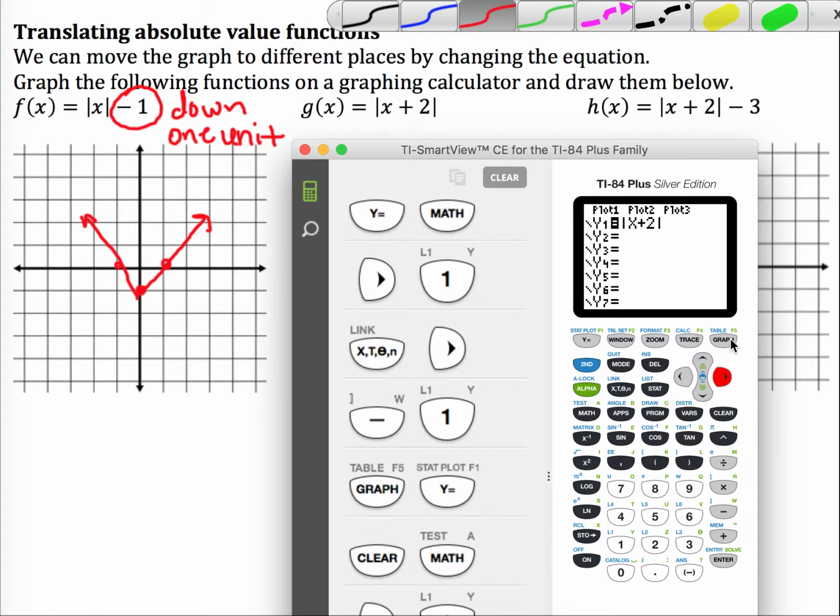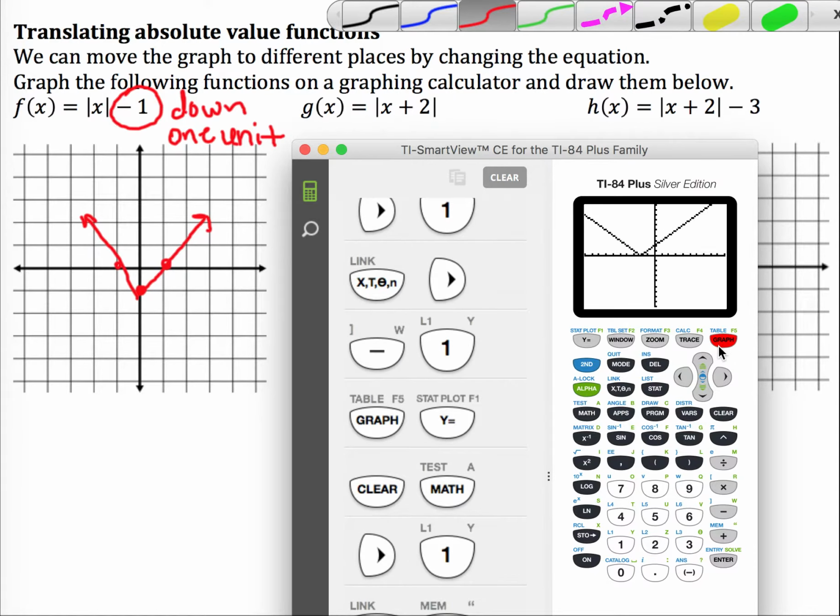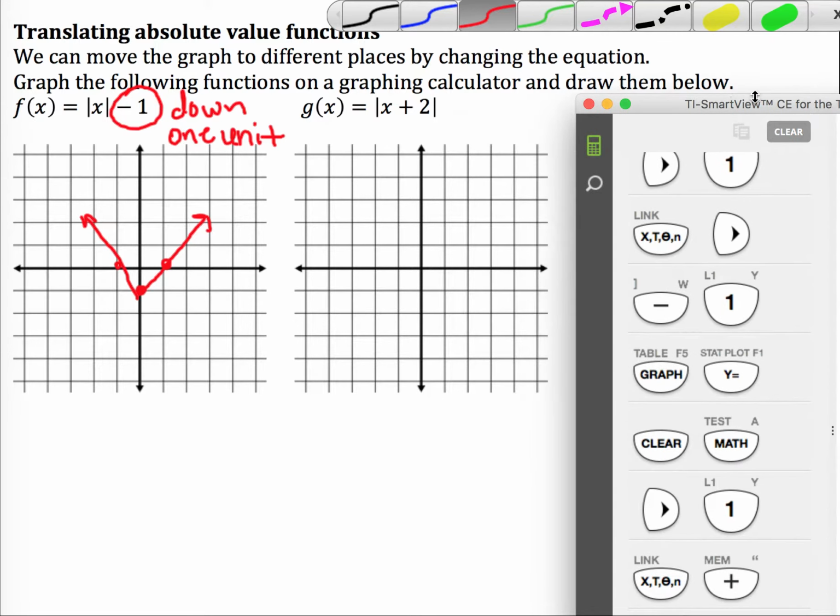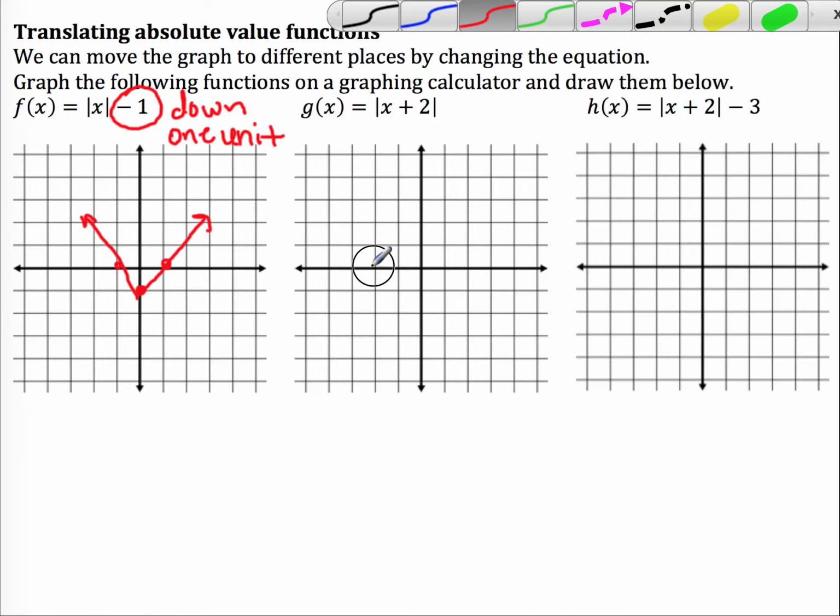If I hit my arrow over and graph, now it looks like we moved our vertex over 2 units to the left. So it's kind of opposite intuition for this one. Because of the plus 2, we actually moved 2 units to the left. So 2 units left.